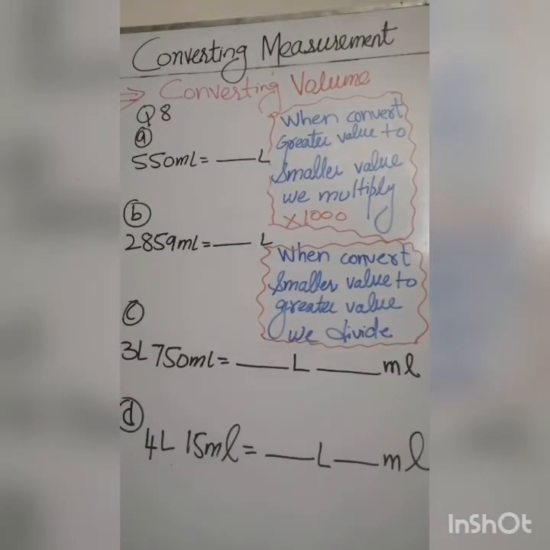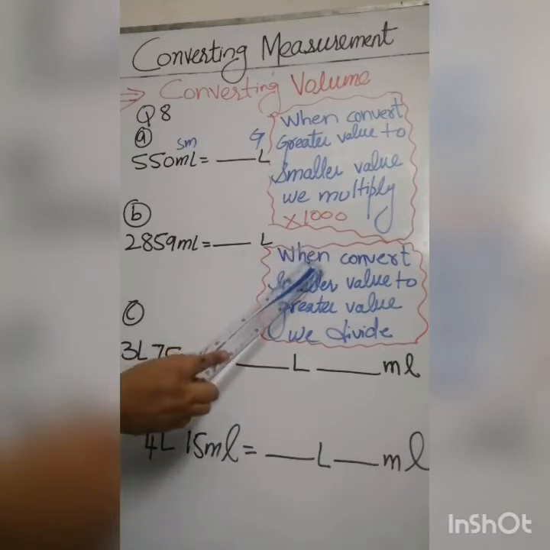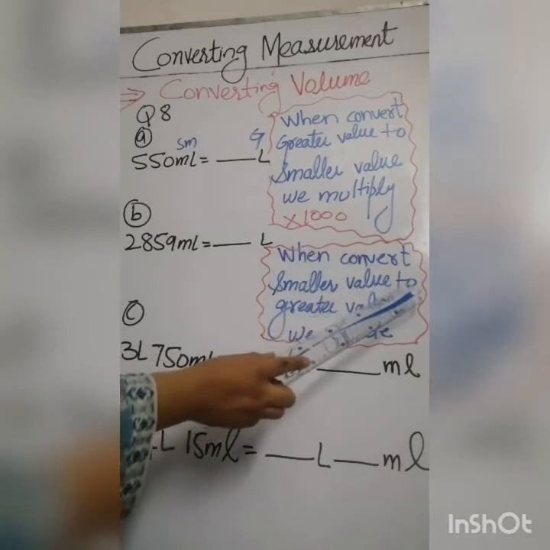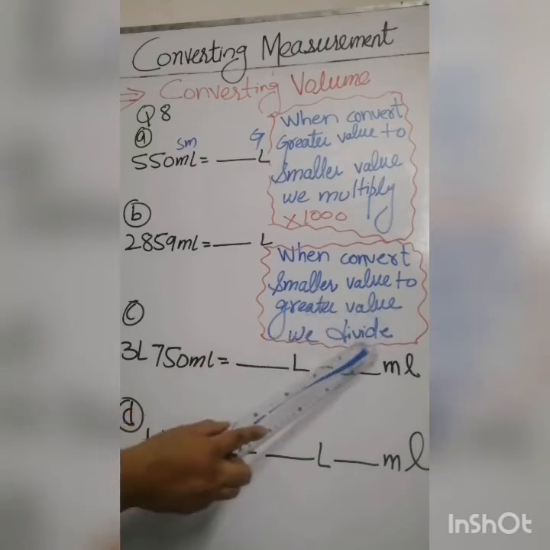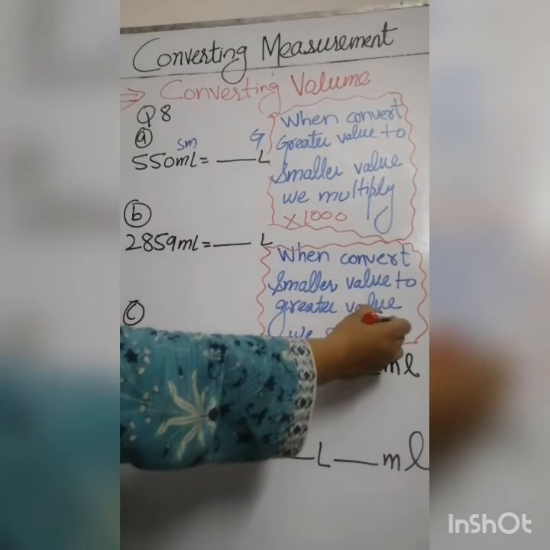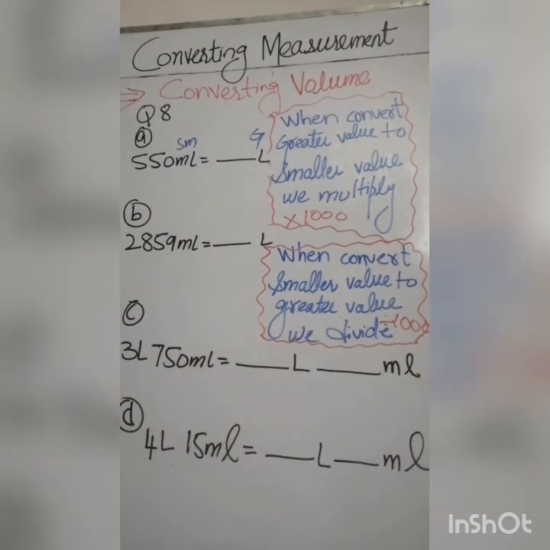Now we have question number 8 from our textbook. This is the reverse of question number 5. Now we convert smaller value to greater value. In our part A, 550 ml, we convert it into liters. ml is a smaller value and liter is a greater value. So, when we convert smaller value to greater value, we divide it by 1000.